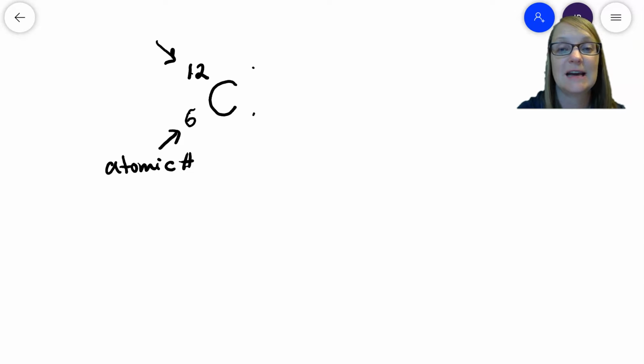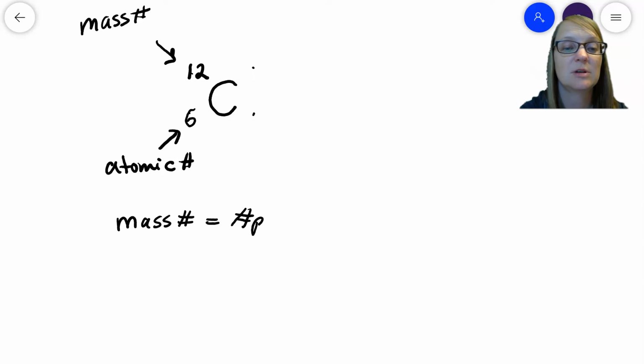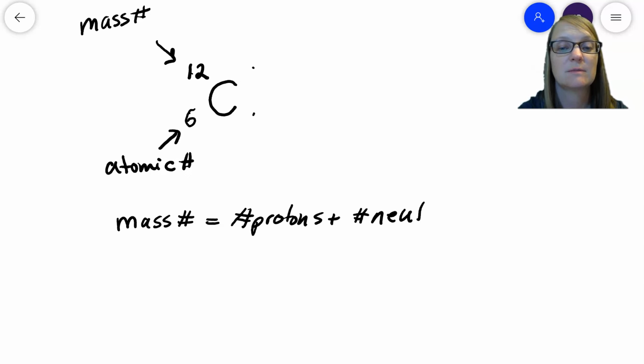The mass number of this atom we're looking at, I'm going to say, is 12. Remember, the mass number is equal to the number of protons plus the number of neutrons in the atomic nucleus of this atom.